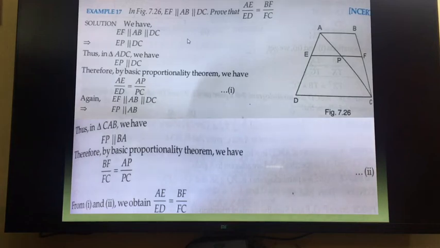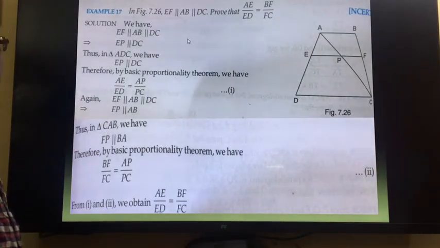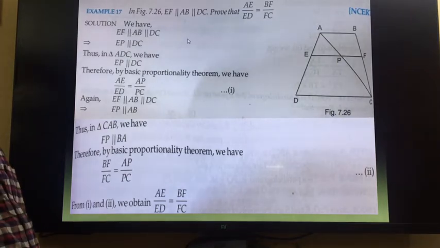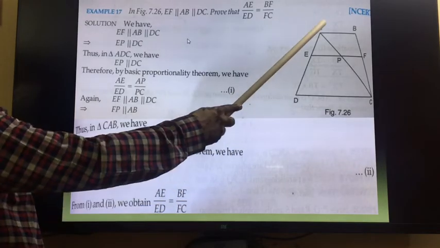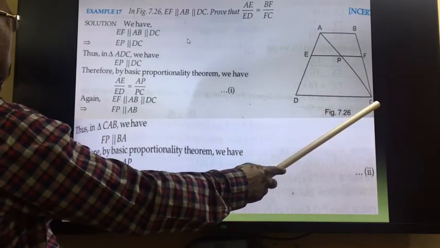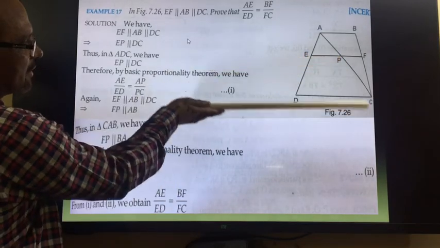So the question is very easy. To do this question, we should think what theorems we have learned, and all the theorems which you have learned are based on triangles. So we should find out the triangle first. So in this figure, one triangle is ADC. In this triangle, this line EP is parallel to DC.